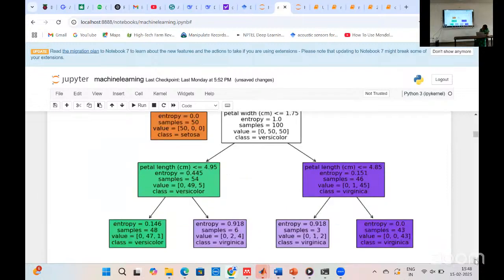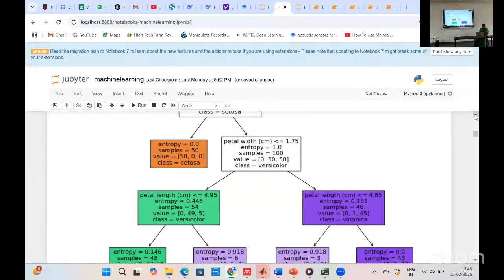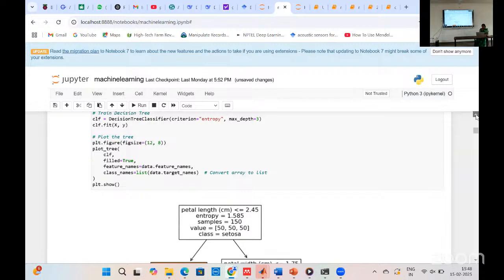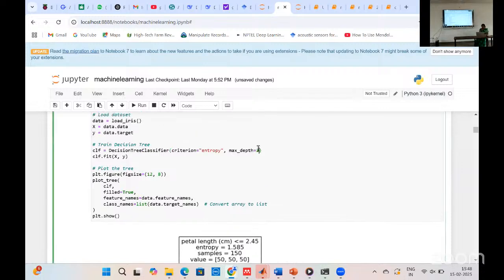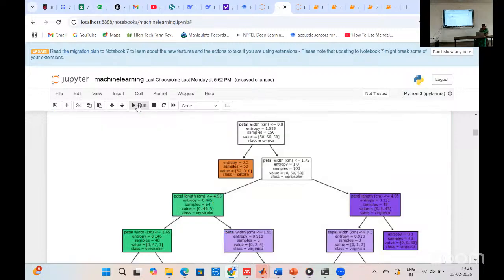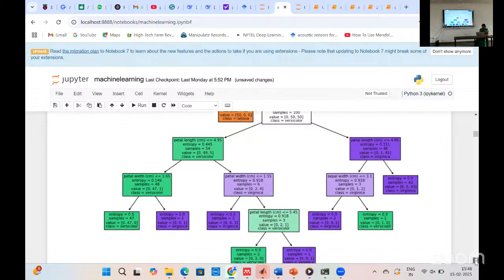Did I get it? 1 plus 2 plus 3. So here there is a possibility, depends upon us for further classification of the child nodes. Let us check for 5 whether it can be done or not.